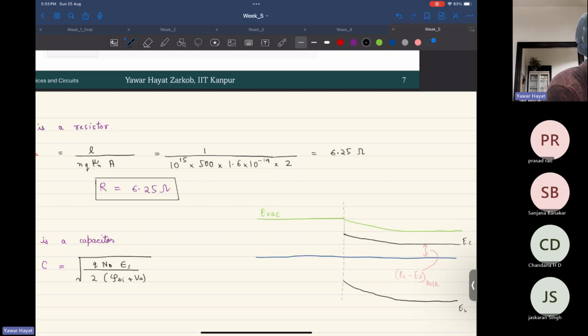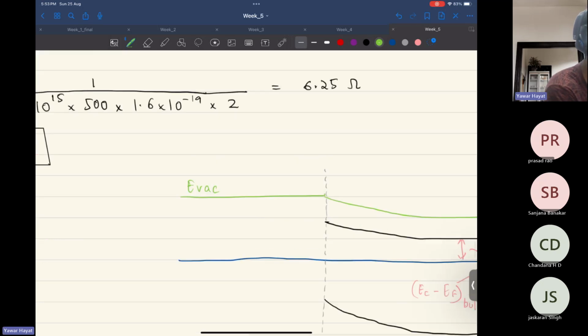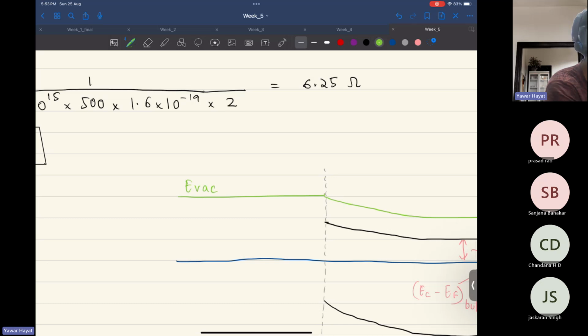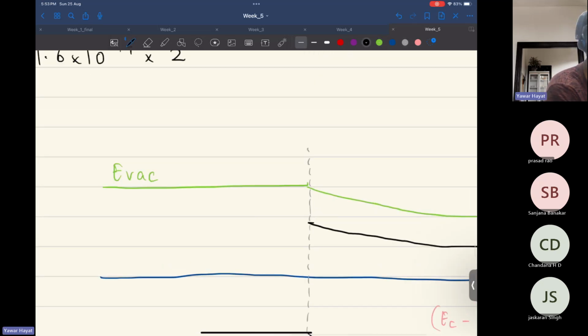This is your EV. This is your EVAC. Let's draw chi as well.